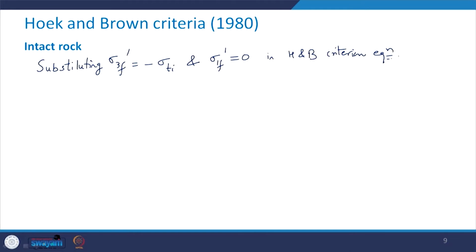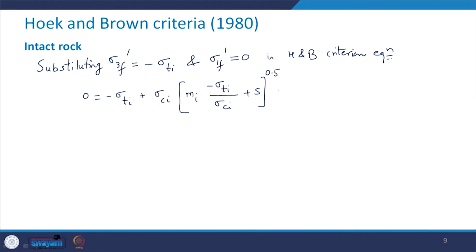So, what we are going to get is, take a look, 0 equal to minus sigma ti plus sigma ci into square root of (mi times minus sigma ti divided by sigma ci plus s), that is, to the power 0.5.